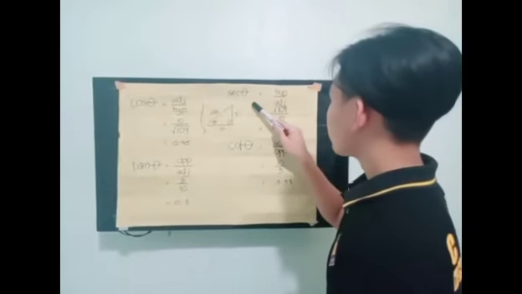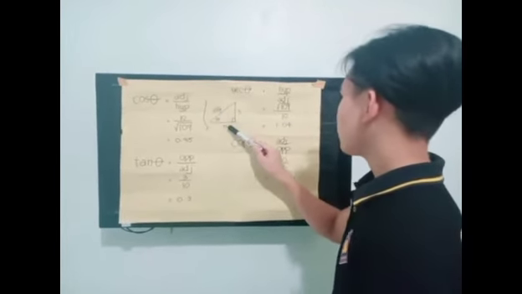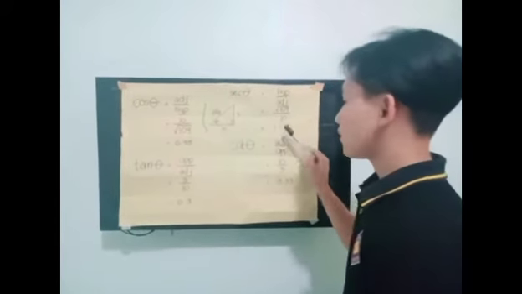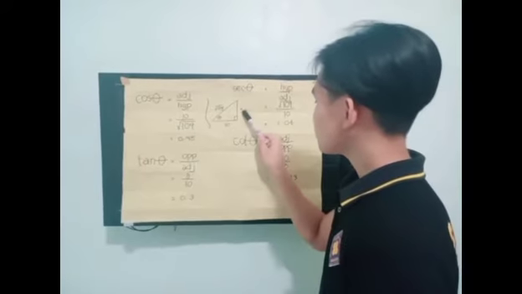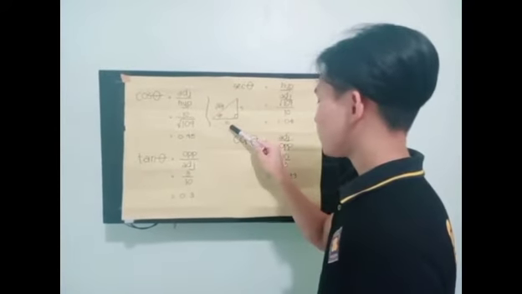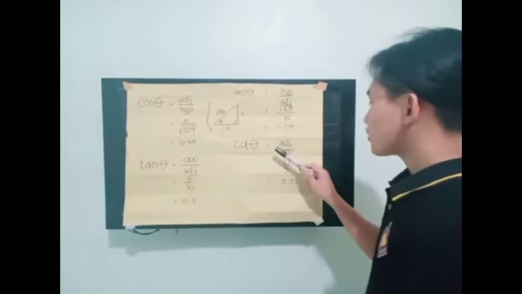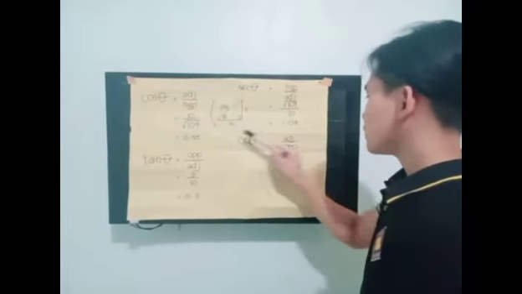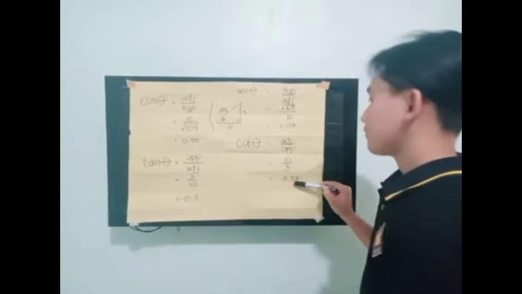Then secant theta is equal to hypotenuse over adjacent, which is 1.04. The tangent theta is equal to the opposite side over the adjacent side, which is 0.3. And lastly, cotangent theta is equal to the adjacent side over the opposite, which is 3.33.